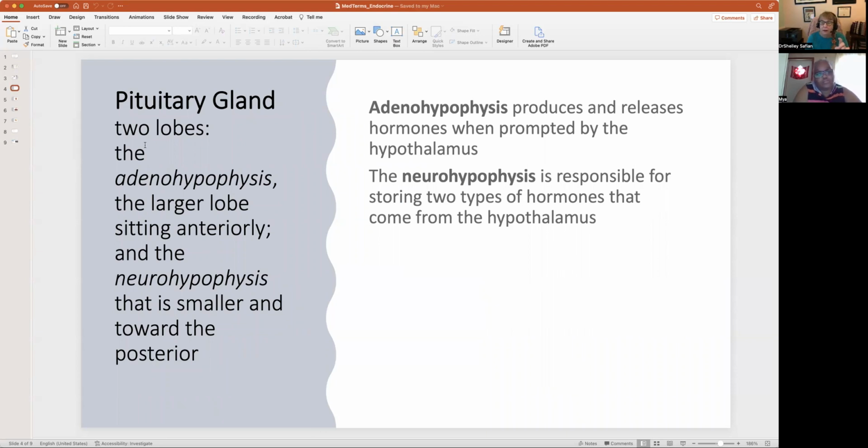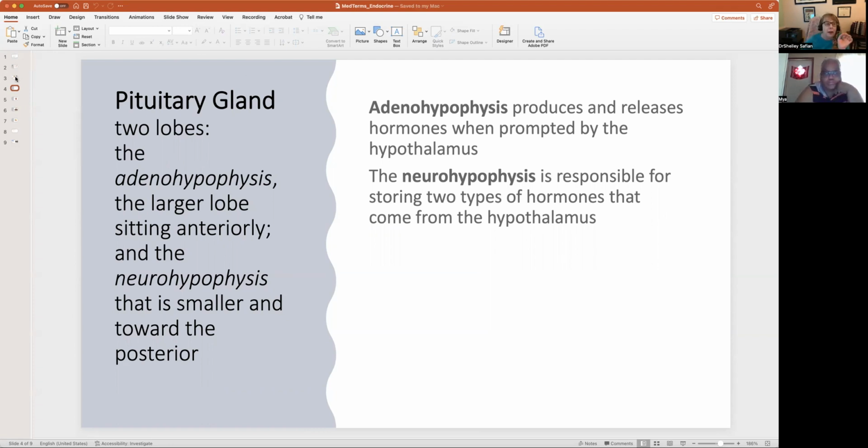Okay, that's a long word. But as you've been learning about prefixes and suffixes, we can take this apart. Okay, adeno, hypo below, and physis. This produces and releases hormones when the hypothalamus says, yo, time to go to work. Okay, it's the larger lobe sitting anteriorly.